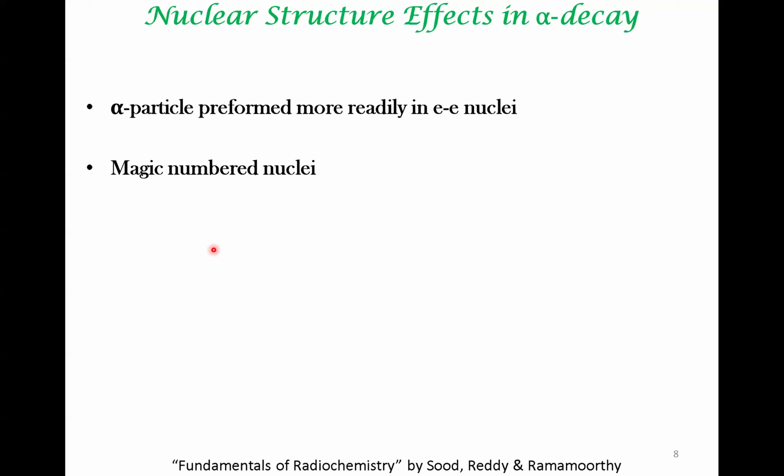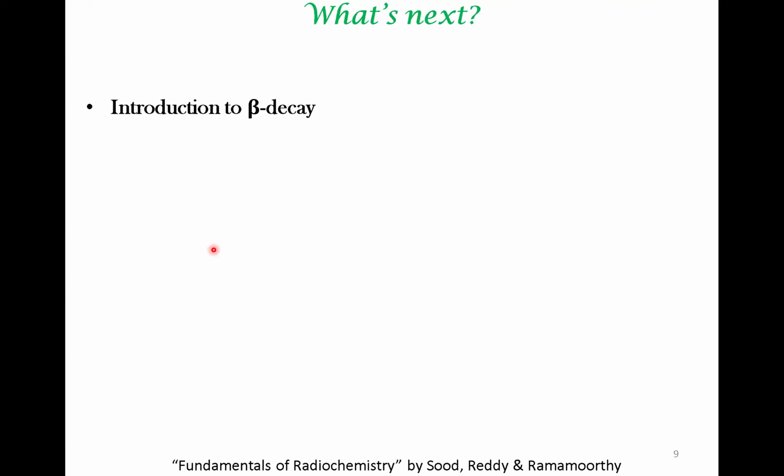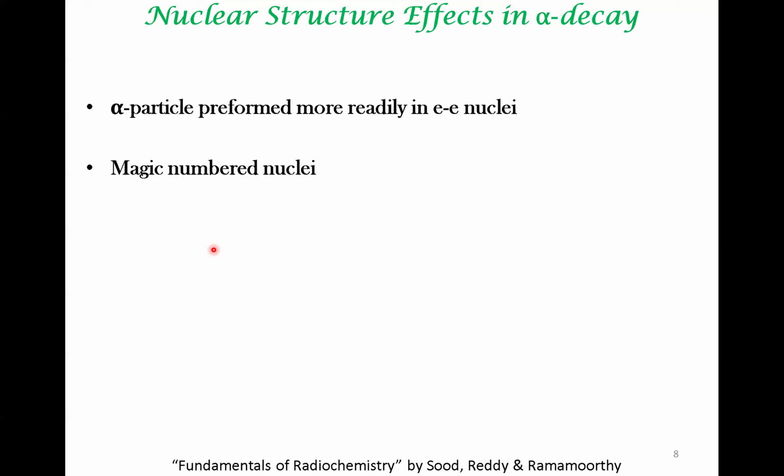With that, we have completed our discussion on alpha decay. In the next lecture, we will move on to beta decay. Beta decay is the most common radioactive decay, but the first set of experiments on radioactive decay was typically illustrated via alpha decay.